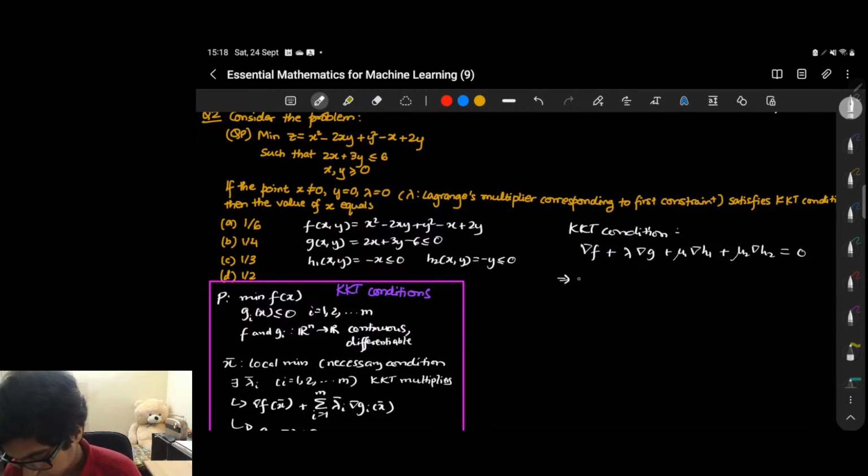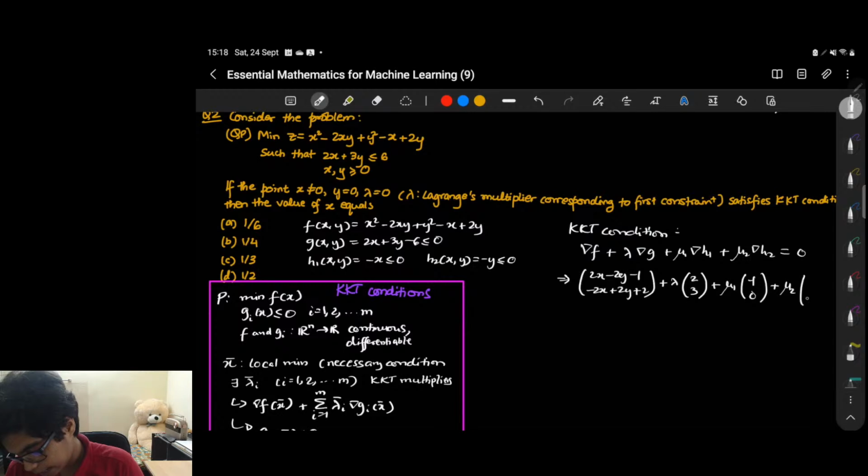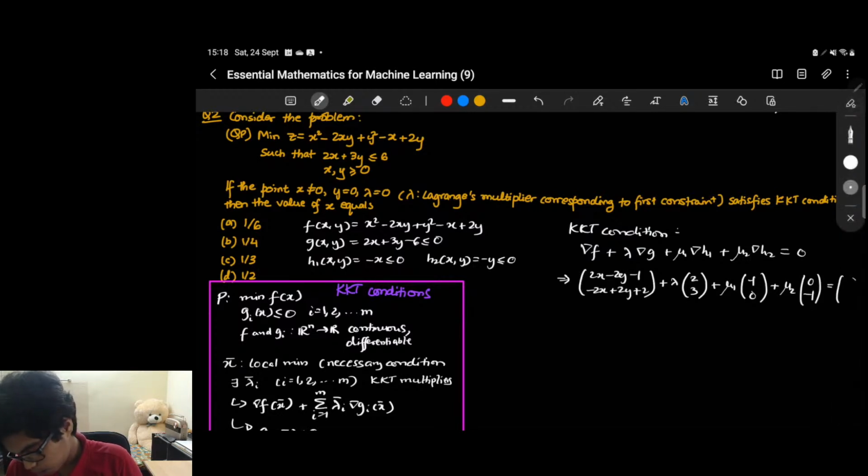So gradient of f is what? It is 2x minus 2y minus 1, and this is del f by del x, and del f by del y is the following. Gradient of g is 2 and 3. Gradient of h1 is simply negative 1 and 0, and gradient of h2 is 0, negative 1, and this should be equal to 0.